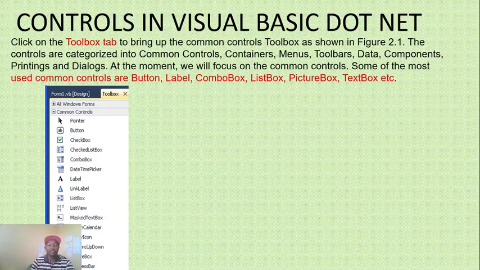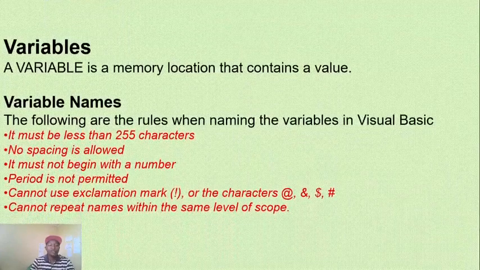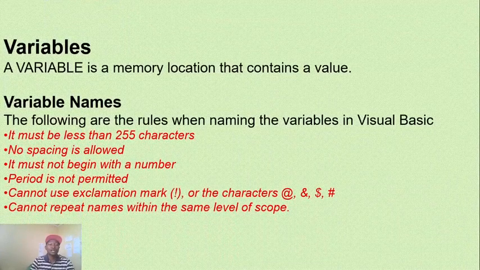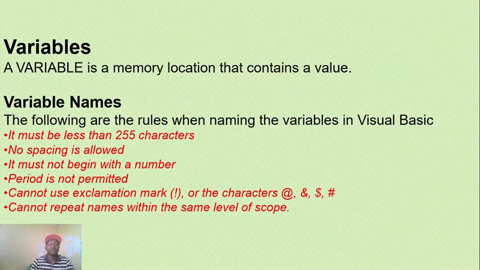We have a lot. Then let's go to a very interesting session, where, ladies and gentlemen, we shall look at variables. What is a variable? A variable is a memory location that contains a value.